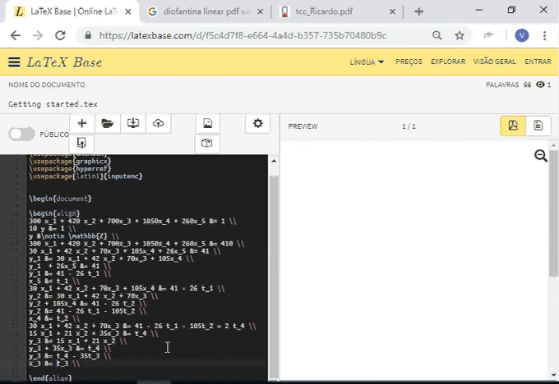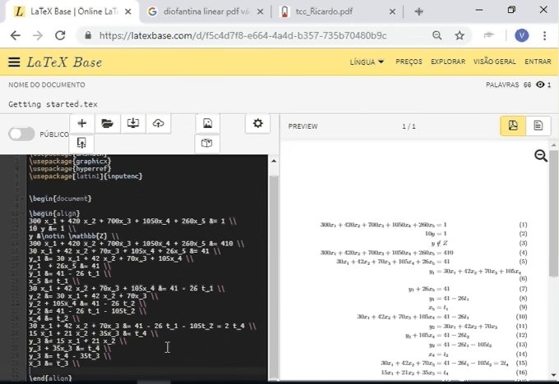Let's declare weight 4. No, let's go back to the definition of weight 3.